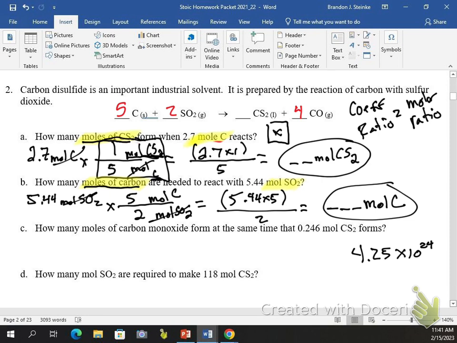And then I have people saying, okay, 3 sig figs, 4.25, and circle it. What about the times 10 to the 24? They say it doesn't matter. Do those zeros matter? Yes. They don't count as sig figs, but they matter.